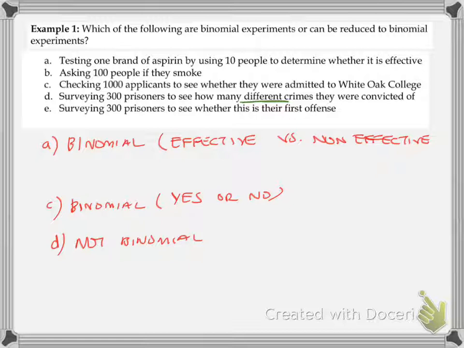You want to categorize the different crimes, and of course you wouldn't be under the assumption there are only 2 different crimes. There are multiple types of crimes, so it's not binomial. And E, I will leave as a quiz question.